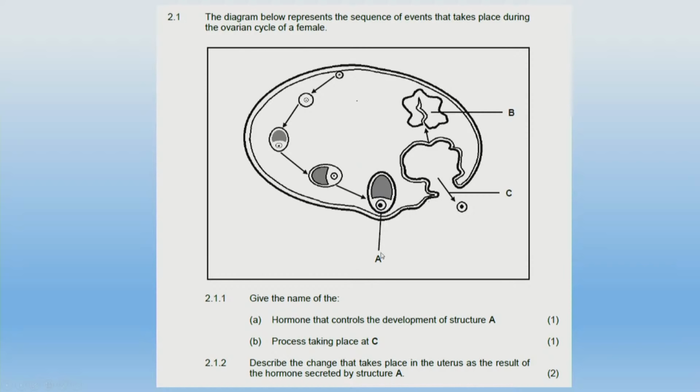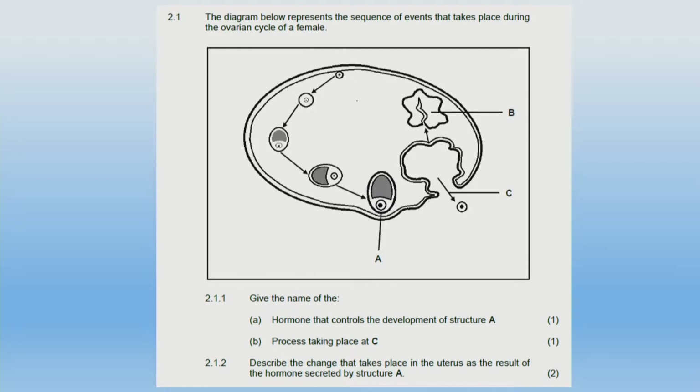We have label A, label B, and label C. 2.1.1, give the name of the hormone that controls the development of structure A. The name of that hormone is follicle stimulating hormone, which is FSH. And the process taking place at C is ovulation, the release of the ovum after the Graafian follicle has ruptured.